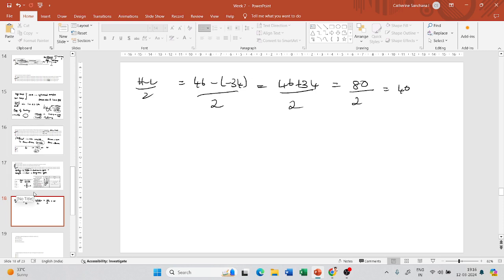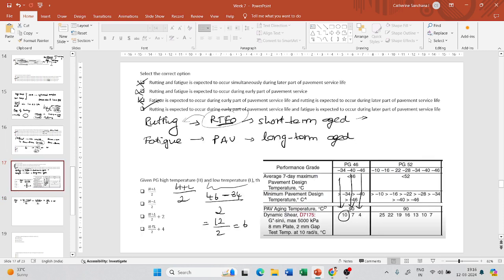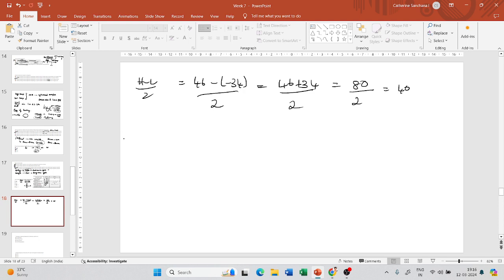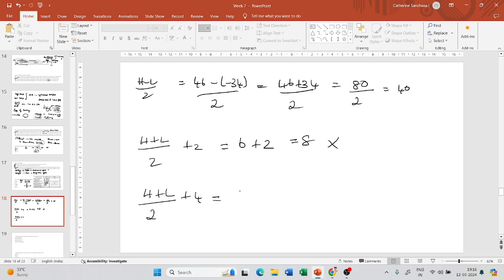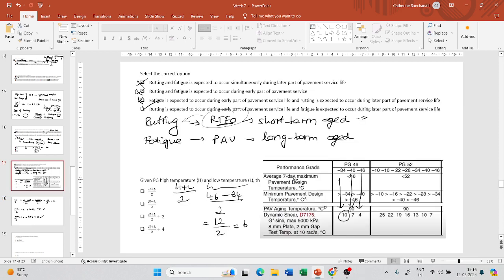So this is not the option. H plus L by 2 plus 2. We just now saw what H plus L by 2 is. It is 6. 6 plus 2, which is 8. So this is also not the option. And the last option is H plus L by 2 plus 4, which is 6 plus 4 equals 10. So this might be the option, but let us check with other temperatures as well.